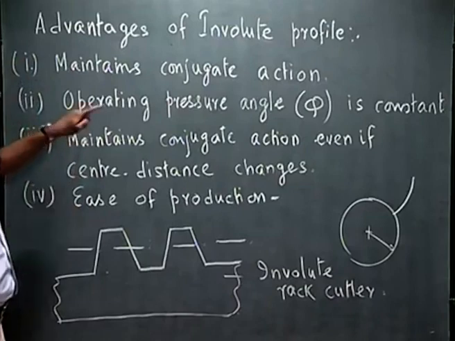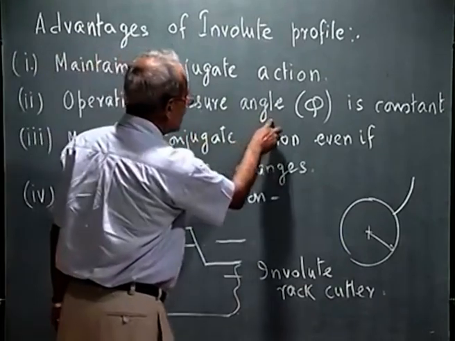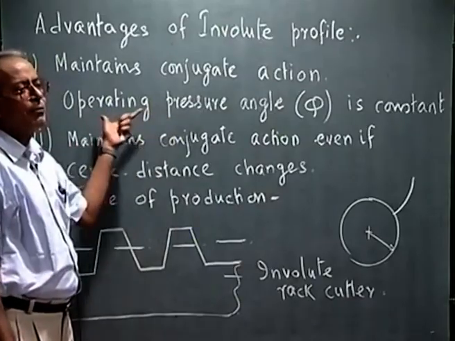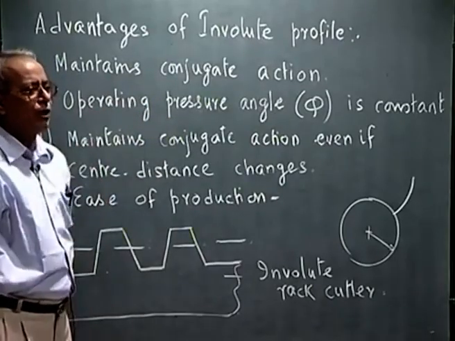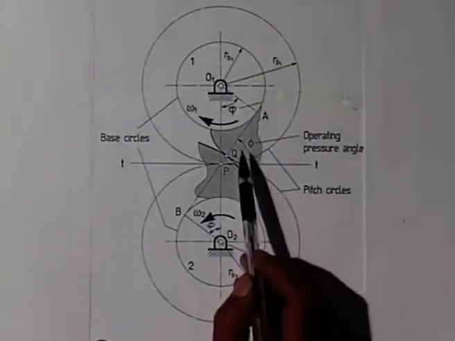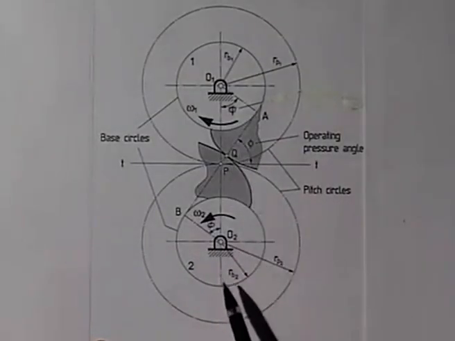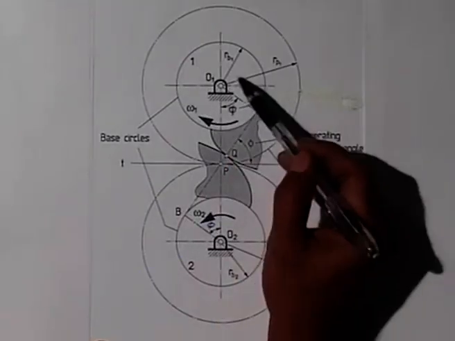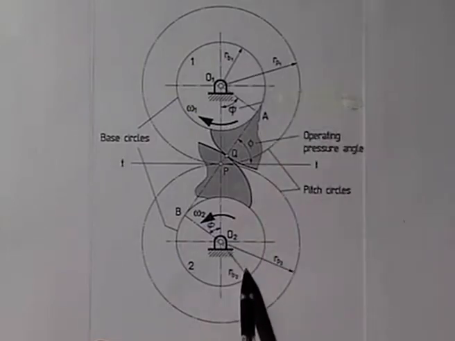So, let me get back to that figure where I showed the pressure angle, and now we will show what is the advantage of this pressure angle remaining constant in a pair of involute gear teeth profile. Let us get back to this figure which we discussed in our last class. These are the two base circles of radius RB1 and RB2.